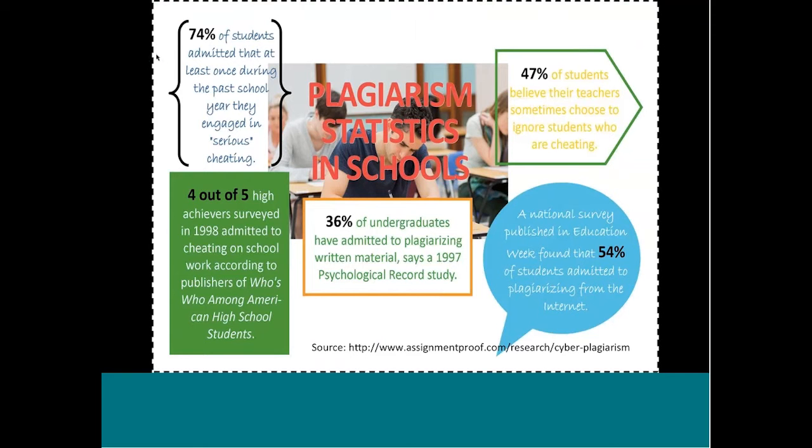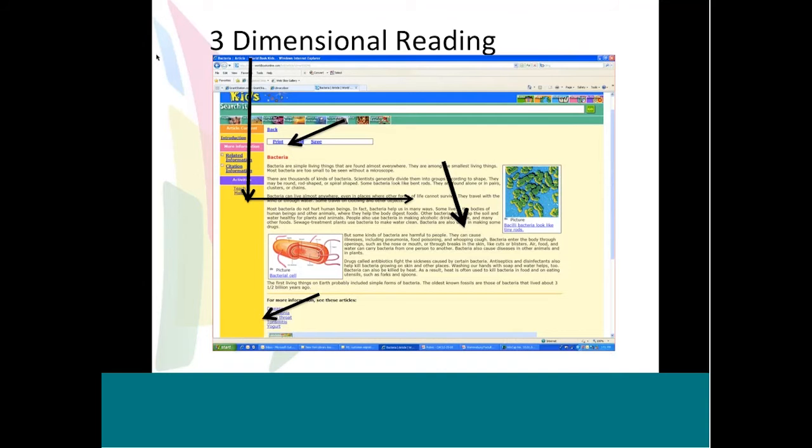I have a hard time believing some of these statistics, which came from Assignment Proof, a plagiarism checker company that's out there. But in the upper right-hand corner, you see 47% of students even believe that teachers choose to ignore it. Where are we? I think we all could probably guess one or two of those teachers, but we can't ignore that. And inquiry-based learning really gives us the opportunity to attack and offer them a solution for plagiarism.